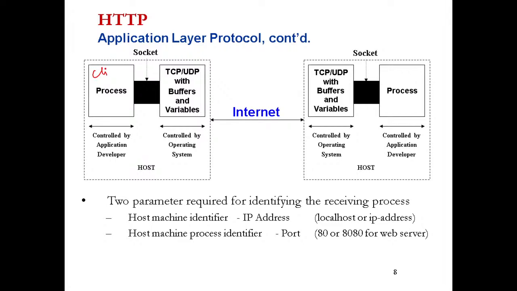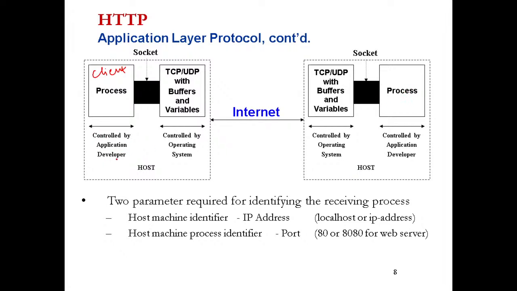Through the socket, it sends data using TCP or UDP with buffers and variables. Either UDP, the datagram protocol, or the transmission control protocol is used for sending the data on the internet. Then it is received on the other host, and then it gets processed.